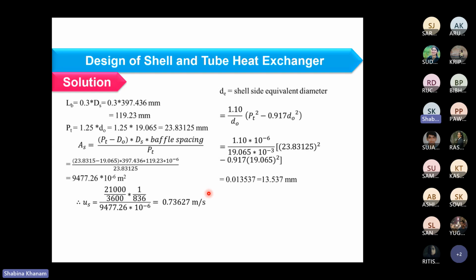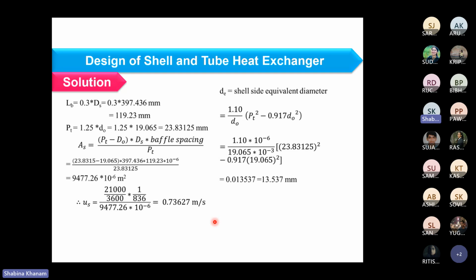For this Kern's method, we need to find out this cross flow area, which is coming out like this, and we can calculate the velocity considering the mass flow rate of the shell side, which is for benzene. So you can consider the velocity as 0.73627, and it is falling between 0.3 to 1.